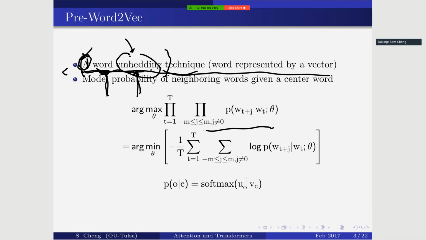So I have this double product like this, and the point is how to model this probability.